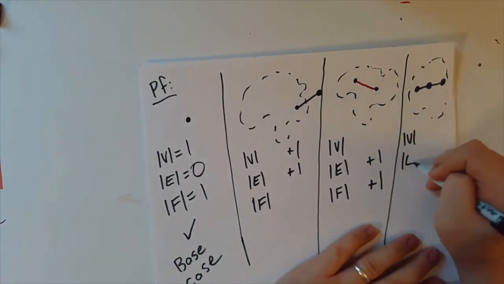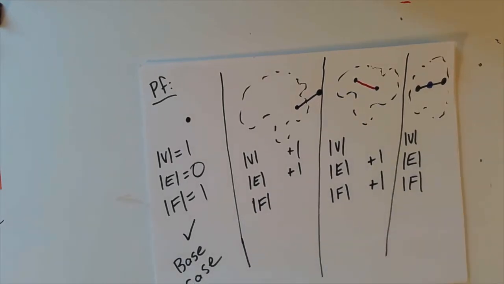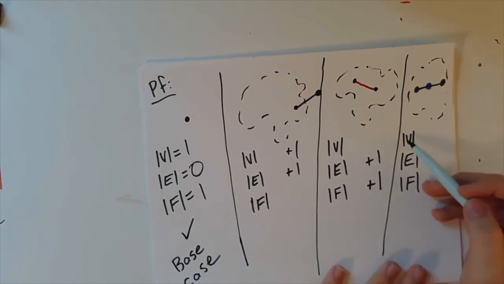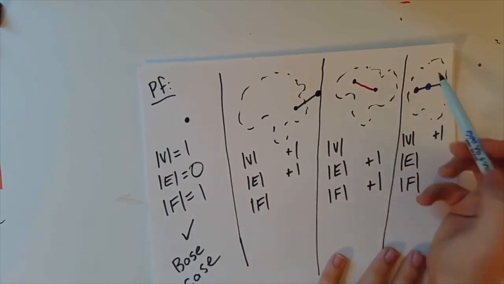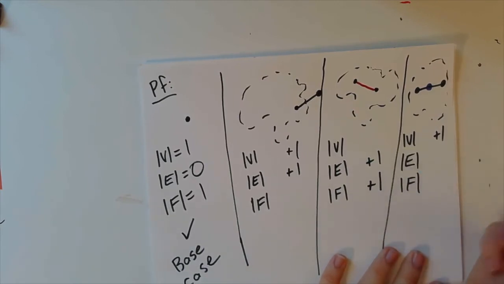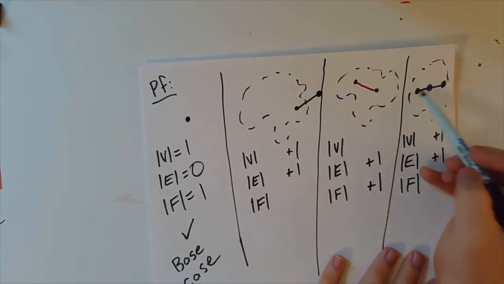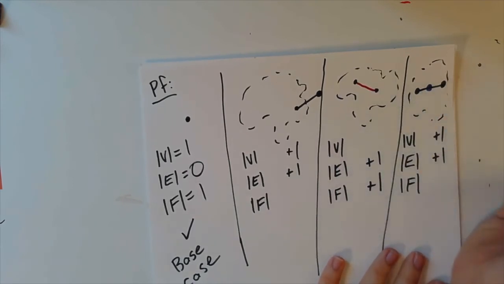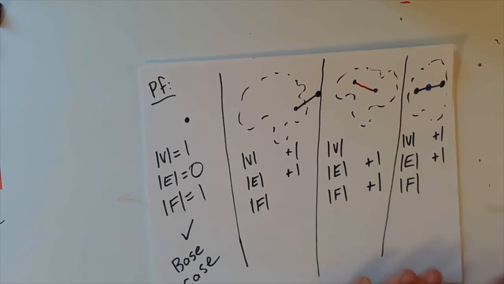So here, if I take the number of vertices, the number of edges, and the number of faces, what happened to the number of vertices? Well, I explicitly added one vertex, because I put a new vertex in the middle of this edge. What happened to the number of edges? Well, that also, of course, went up by 1, because this thing that was previously one edge is now two edges. And the number of faces did not change.